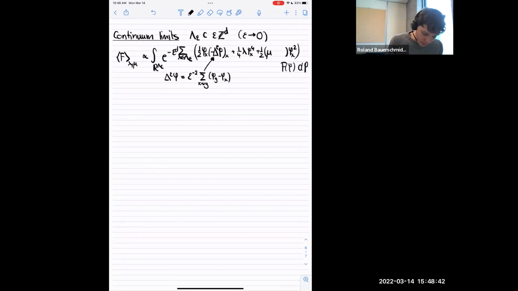Now, this would be just a naive adaptation of the lattice definition I gave before, except I changed the sum to a Riemann sum. And now the goal is slightly different. We're interested in taking epsilon to 0 and defining a model, or a measure, on continuous configurations.